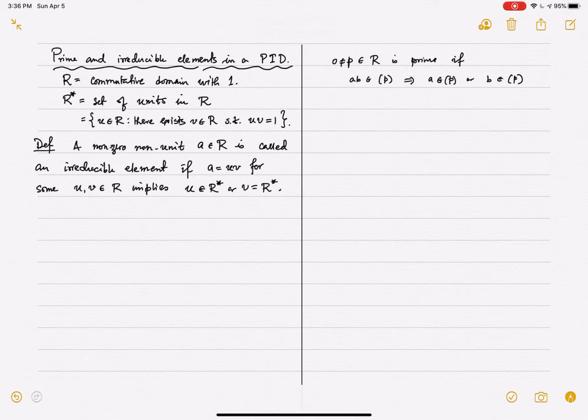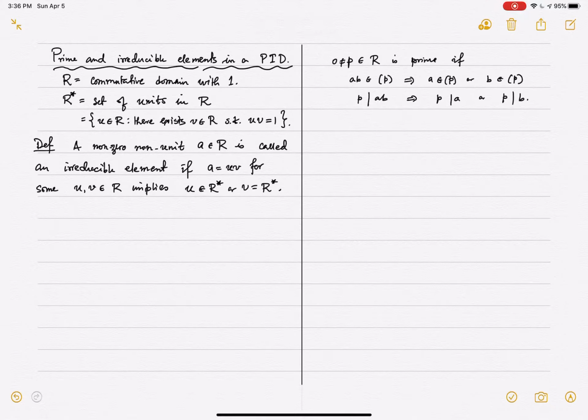Remember? And this is the same as saying that whenever P divides AB, then P divides A or P divides B. That's the prime property. Irreducible elements are those elements that cannot be non-trivially factored, which do not have a factorization.